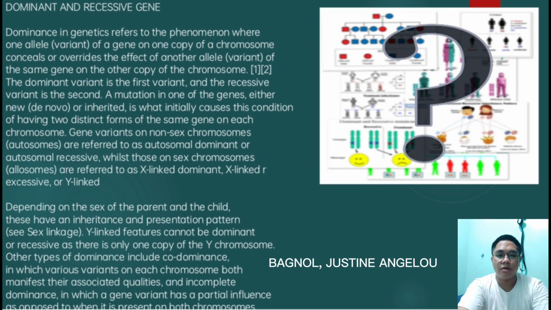The terms autosomal dominant and autosomal recessive are used to describe gene variations on non-sex chromosomes, also known as autosomes, while X-linked dominant, X-linked recessive and Y-linked are used to describe variations on sex chromosomes, also called allosomes.